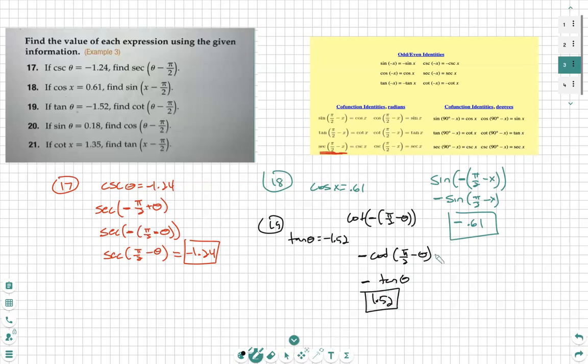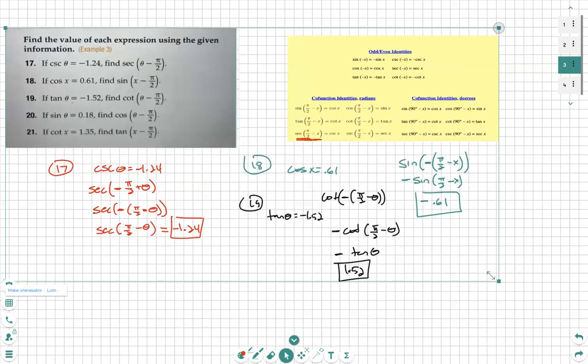So again, all we're doing is applying each identity. We're applying the odd and even identity first by either pulling out the negative or having it absorbed. And then we're applying the cofunction to make sure we're finding the correct one. So let me keep applying this so you start to understand. We've got two more and then we're done.